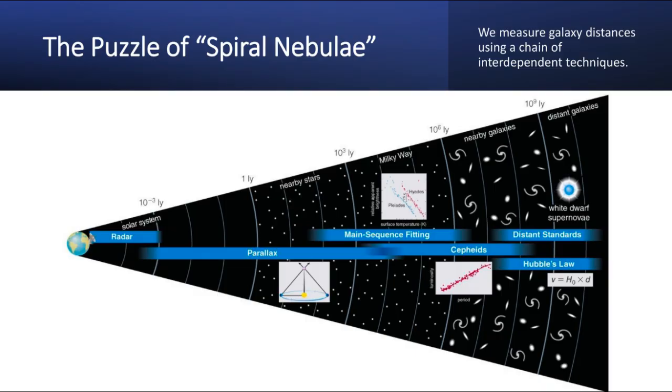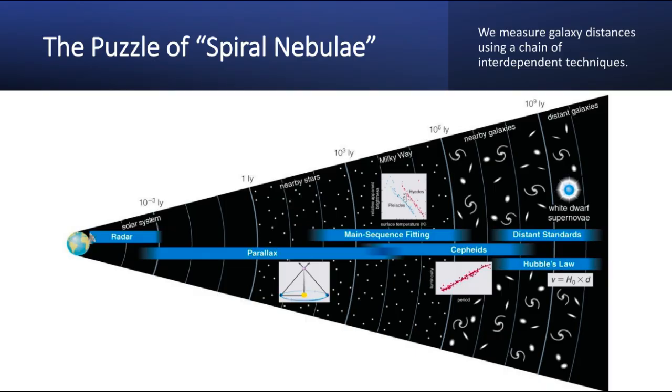We'll talk about some other techniques in a minute, but you can use Cepheids to measure stuff in the Milky Way and start to get the nearby galaxies. Then you can use standard candles like the type 1a supernovae to get even farther than that. And then beyond that, you can do the Hubble Law, just measuring velocities of these receding galaxies and using the Hubble constant to calculate a distance to those galaxies.